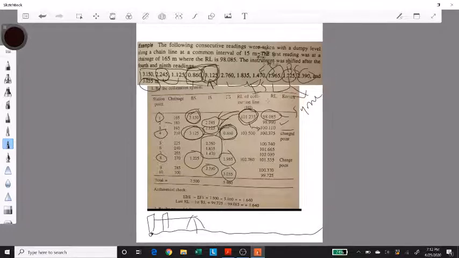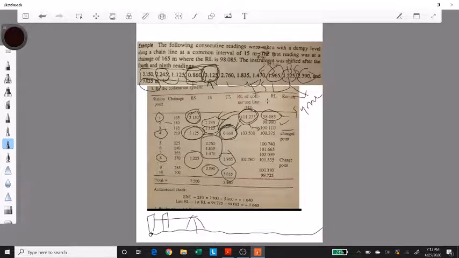Now for the fourth point, one reading was taken using the same height of the instrument and same location of the instrument. So we can calculate the reduced level of the fourth point, which would be the benchmark. So from 101.235, we subtract the foresight, not the backsight, because this location has two readings: the foresight was taken in the first setting of the instrument, and the backsight is taken in the second setting of the instrument.